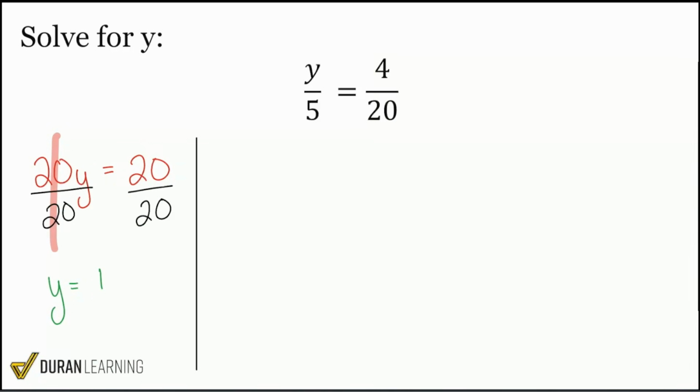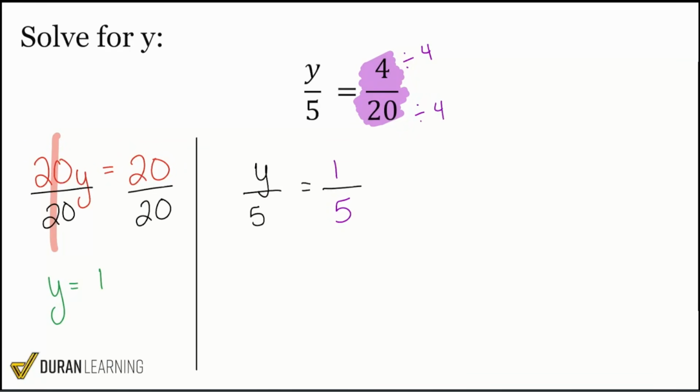Let me use a little highlighter, purple there. Let's simplify 4 over 20 by dividing the 4 and the 20 each by 4. Whatever you do to the numerator, you can do to the denominator. 4 divided by 4 ends up being 1, and 20 divided by 4 ends up being 5.